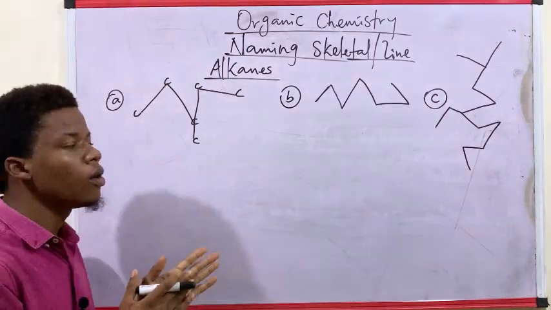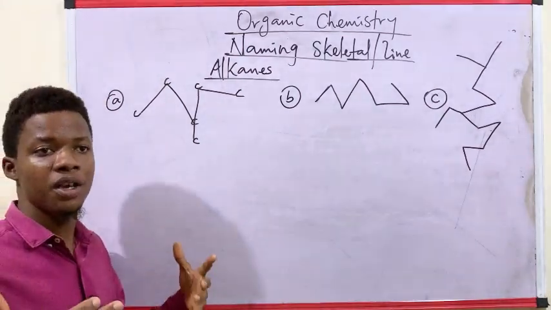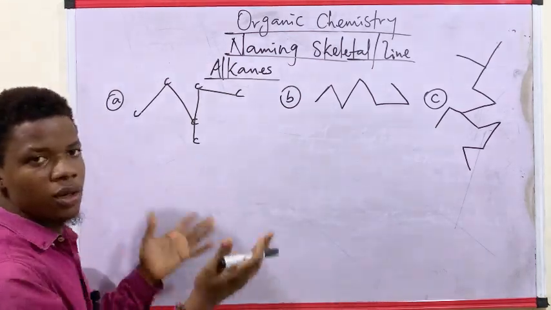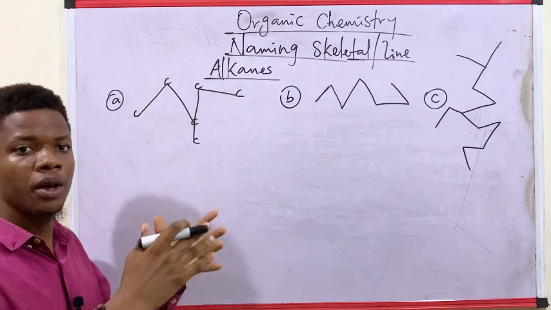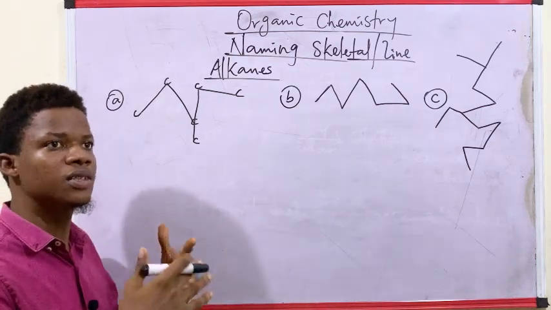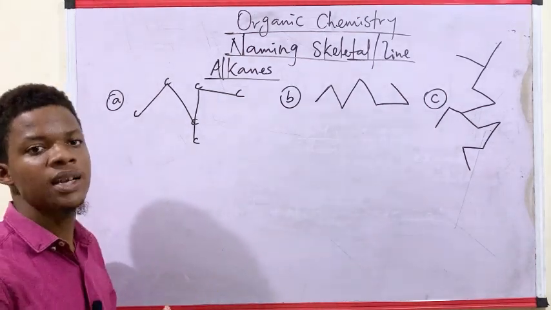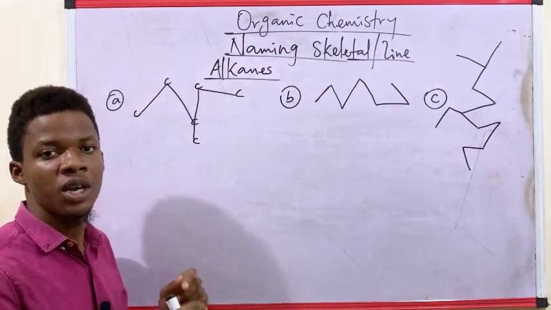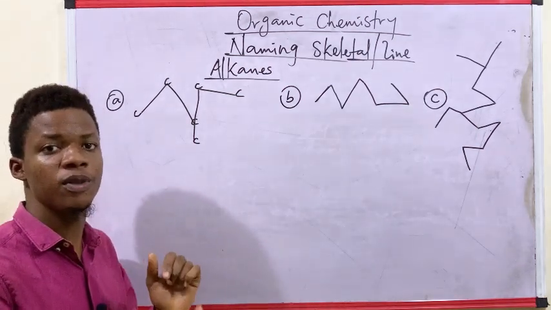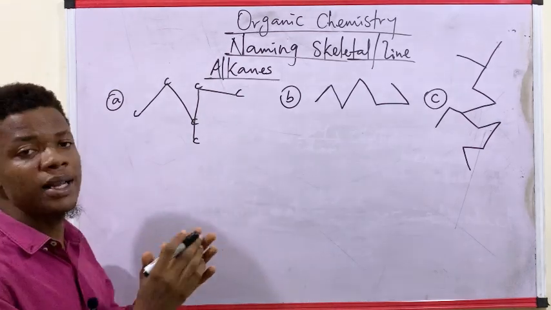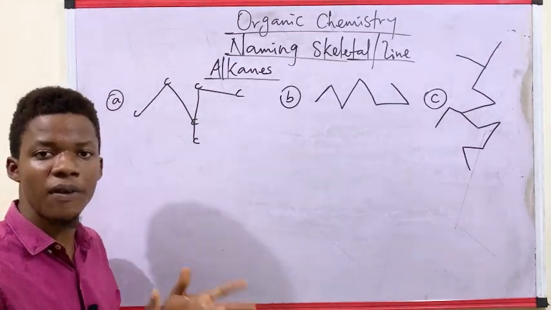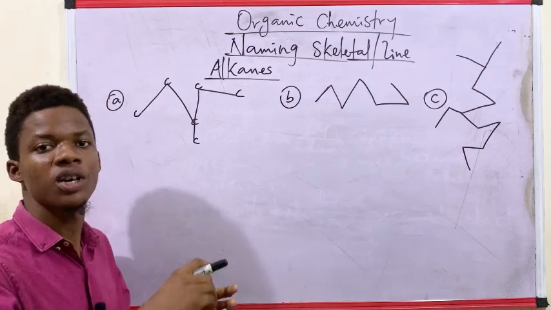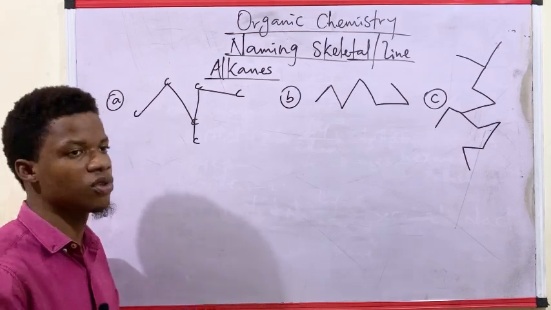I have treated the IUPAC rules in that video. Talking about the IUPAC system, you must first identify your parent chain, and the parent chain is the longest continuous carbon chain.